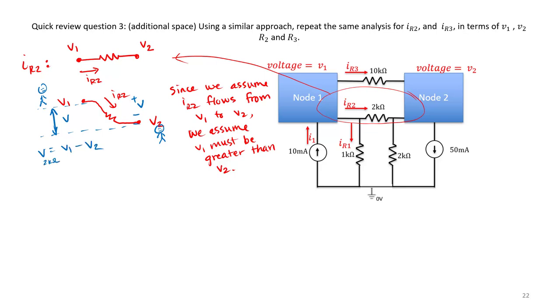That's the voltage that is dissipated by the 2000 ohm resistor. The voltage across that resistor must be equal to the difference between V1 when I entered and V2 when I exited that resistor. So now we can go ahead and substitute into Ohm's law.